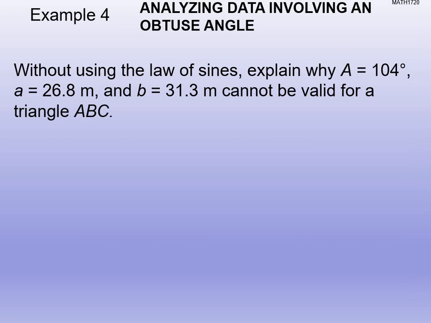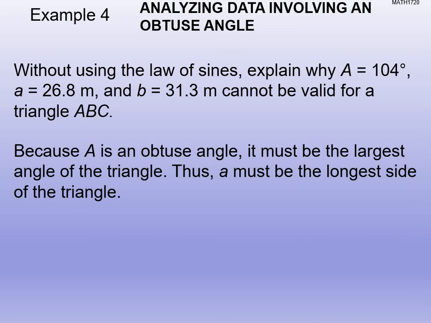Without using the law of sines, explain why A equals 104 degrees, little a equals 26.8, and B equals 31.3 cannot be valid for triangle ABC. What we need to understand is A is an obtuse angle.